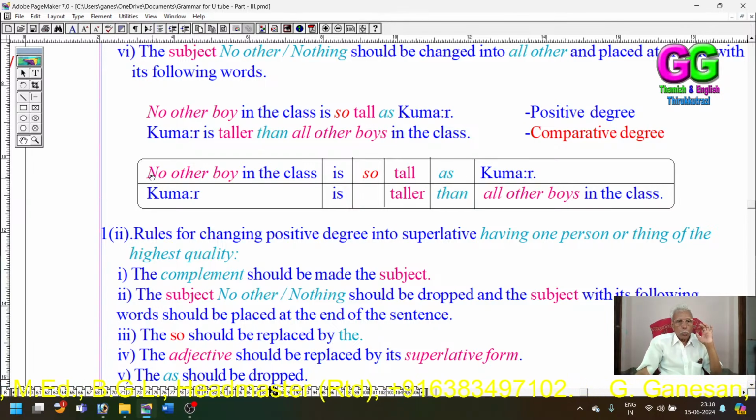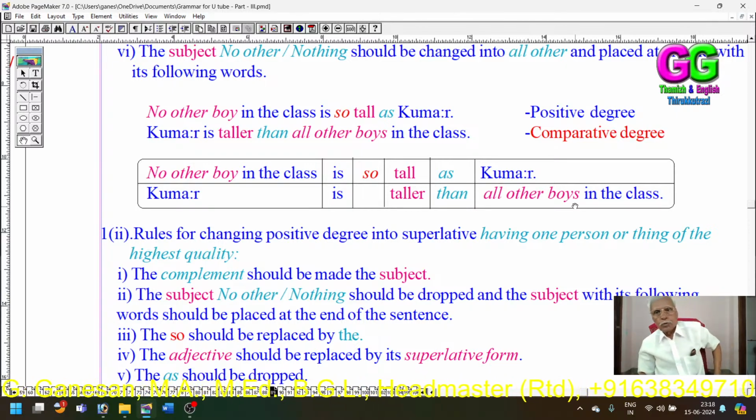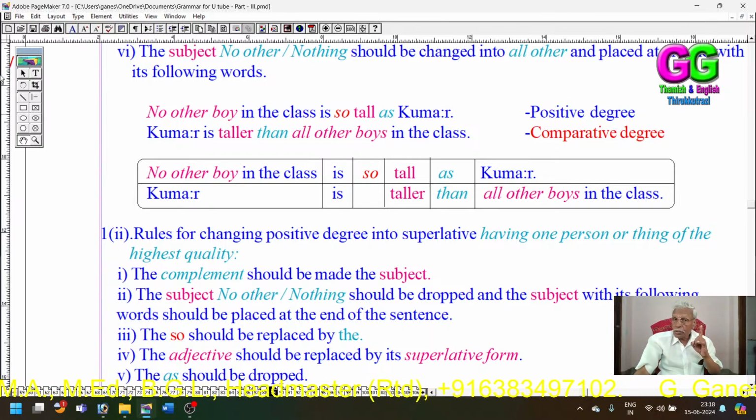No other boy, all other boys. All other boys in the class should be made the complement. That's all, six rules.